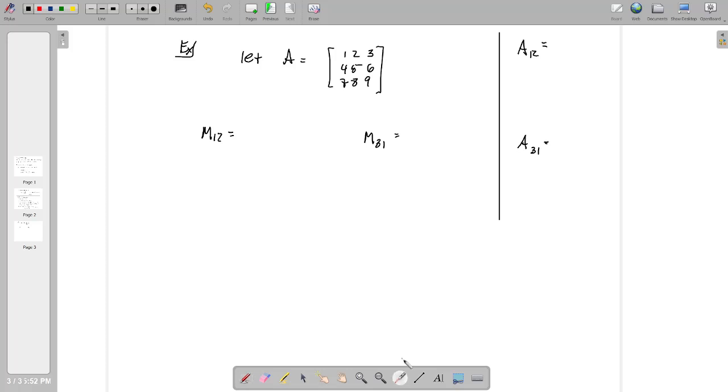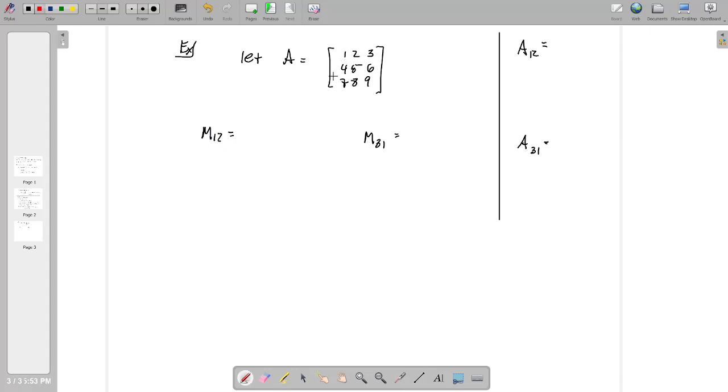Now for a 3 by 3 matrix, it'll be pretty easy to find the minors, because when we delete a row and a column, we're going to end up with a 2 by 2 matrix. I'll show you what I mean here. So m sub 1, 2. We find the minor m sub 1, 2 by deleting the ith row and jth column. In our case, i is 1, j is 2.